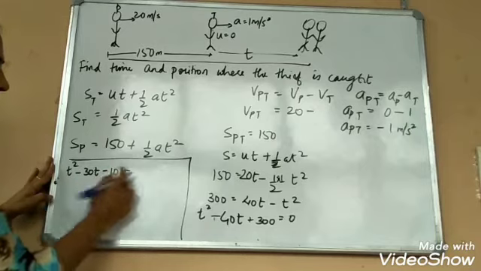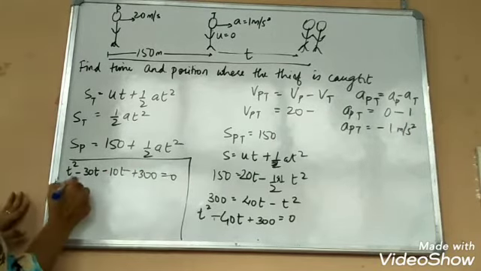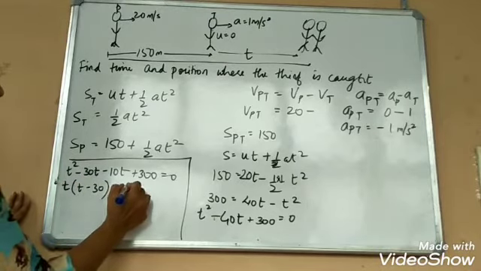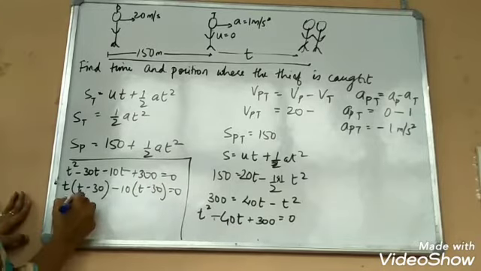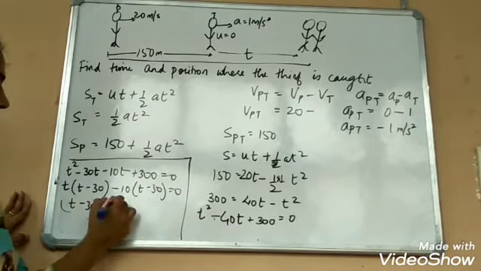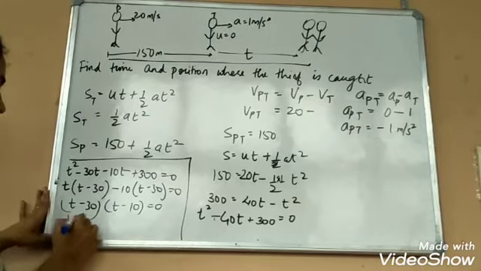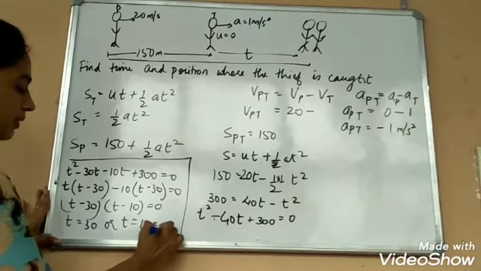So minus 30t minus 10t plus 300 equals 0. So t into t minus 30 minus 10 into t minus 30 is equal to 0. So t minus 30, t minus 10 equals 0. That means either t is equal to 30 or t is equal to 10.